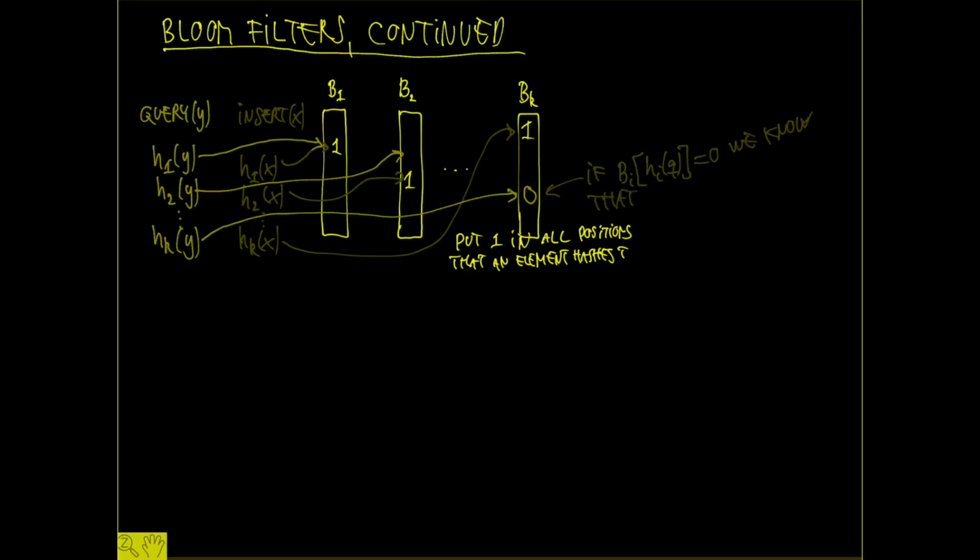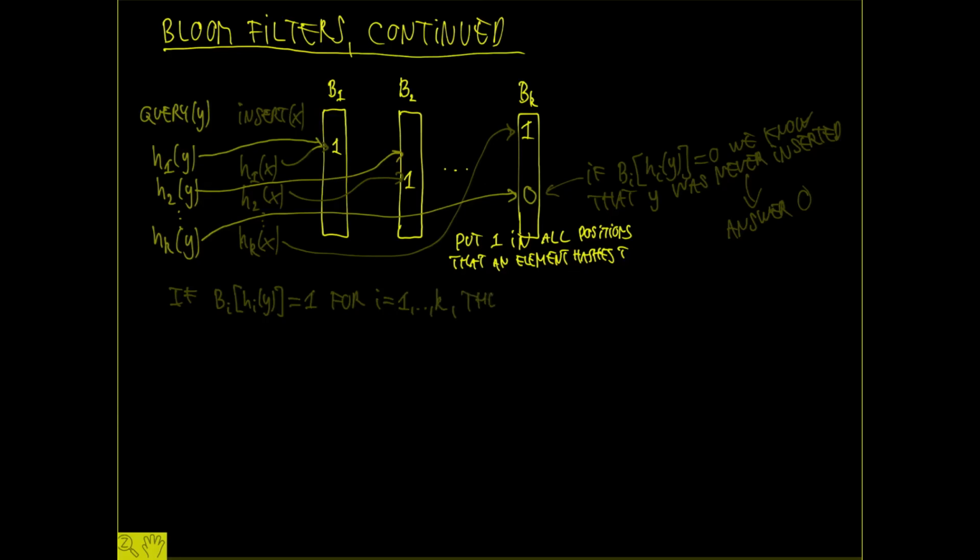In this case, it's safe to answer no or 0, because we can only do that if we know for sure that an element is not in the set. If it happens that all of the hash values that we look at, all the bit positions that we look at are 1, then it might be that y was inserted. It could also be that we just had hash collisions with things that were inserted, and then we answer 1 or yes.